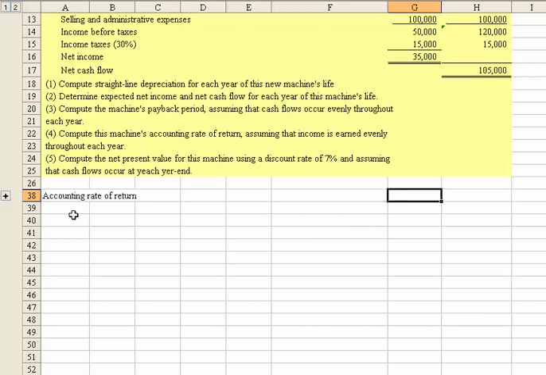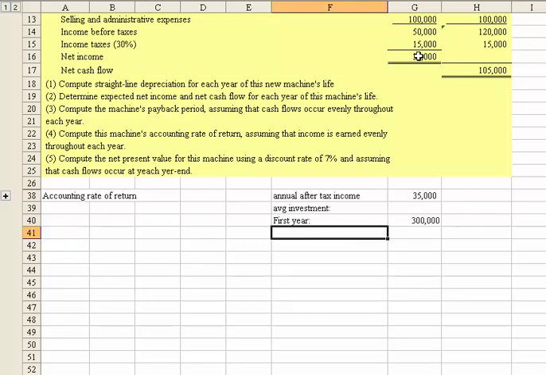Okay, well, in every year the income was $35,000, so we know that's the income portion, right? That would be the annual after-tax income. And now we need to compute the average investment. Okay, how would we compute the average investment? Well, we know the first year the cost of the asset was $300,000, right?